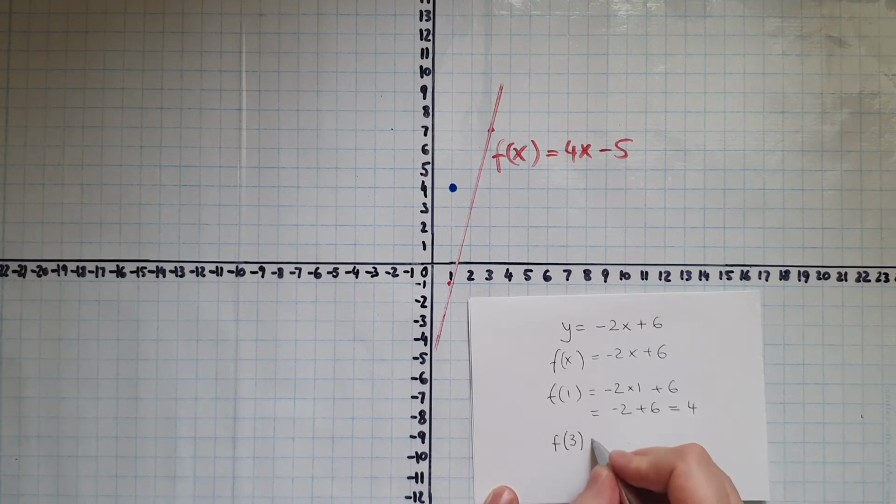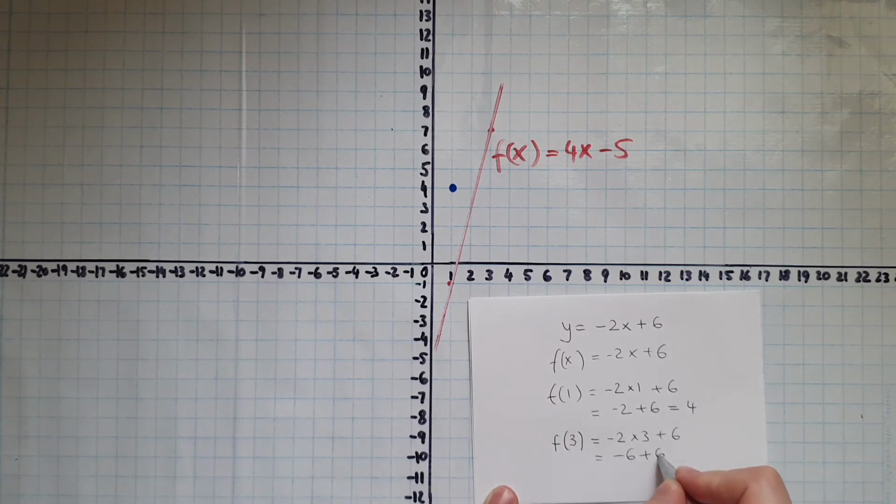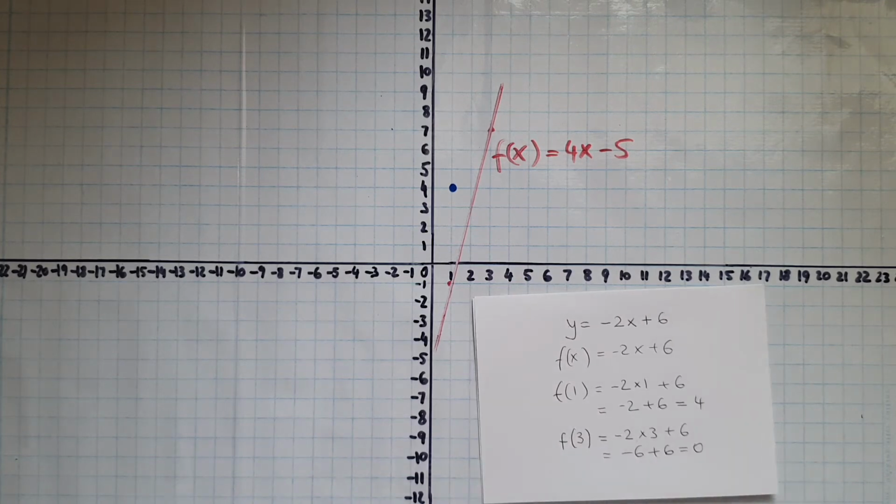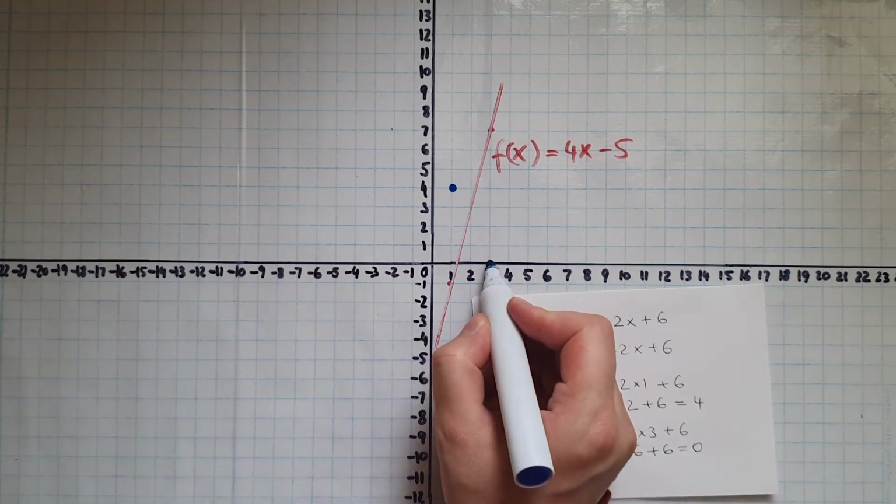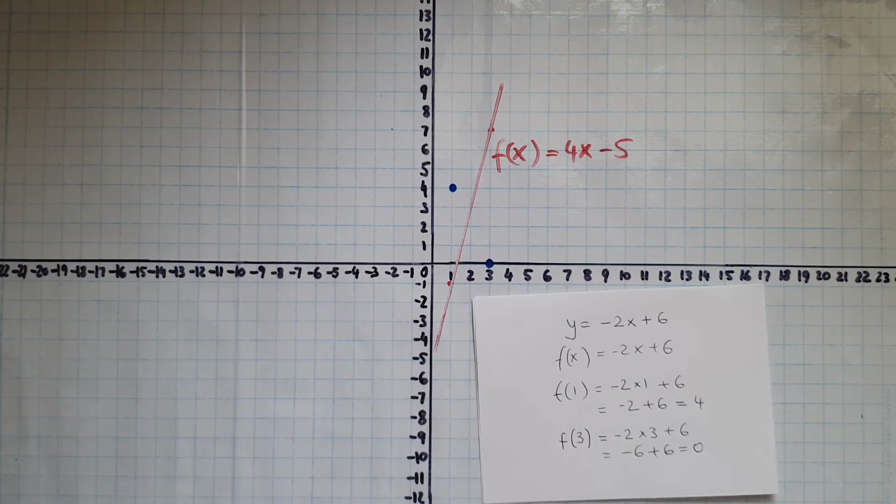When x is 3, we go -2 times 3, add 6. -2 times 3 is -6. Add 6, that gives us 0. So that's the point.